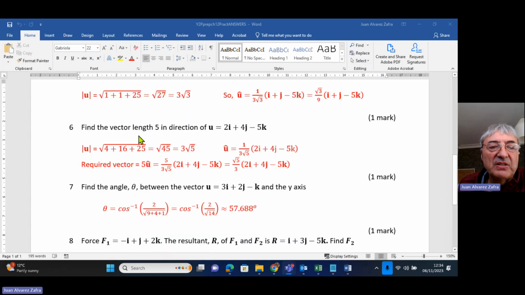Question 6, find the vector of length 5 in the direction of 2i + 4j - 5k. So again, we work out the length of the vector u, which is root 45, and then we take the vector u and divide it by root 45, which if we simplify, gives us this vector here.